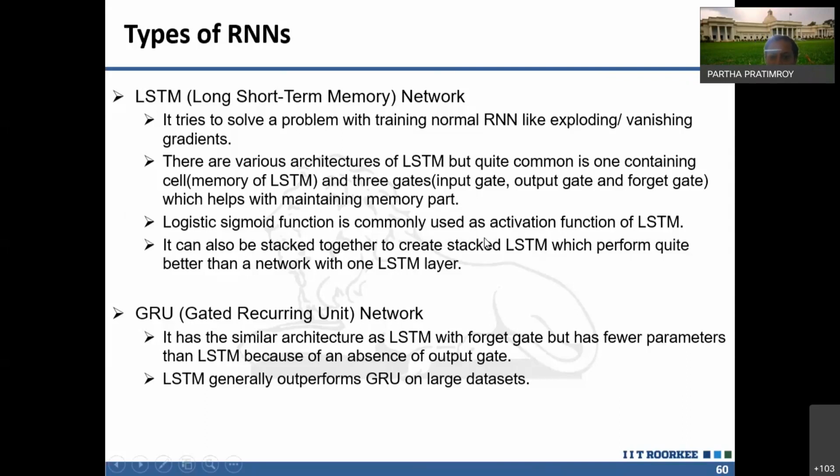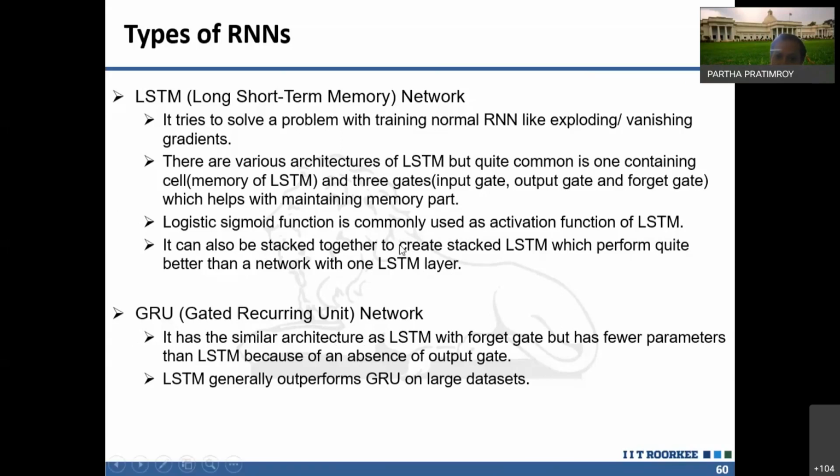The logistic sigmoid function is commonly used as the activation function. It can be stacked together to get a stacked LSTM. You can also use a BLSTM. LSTM is long short-term memory.